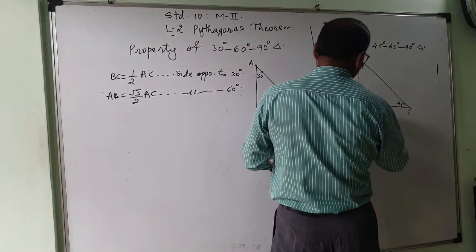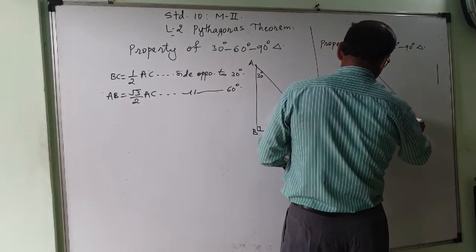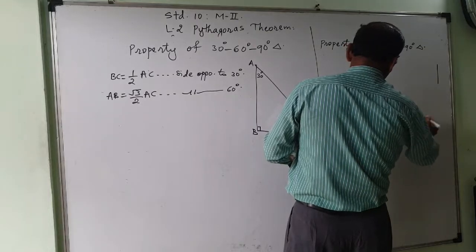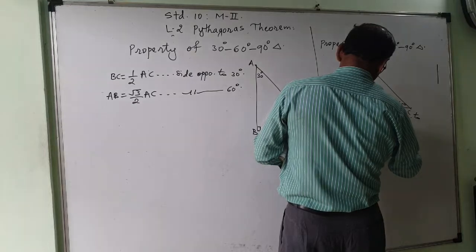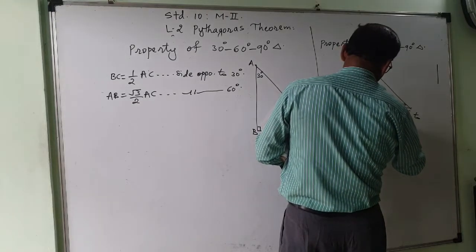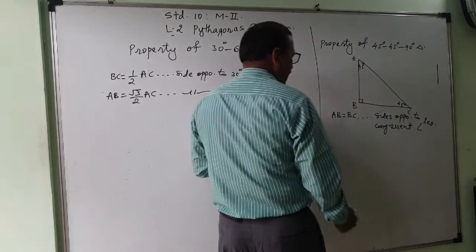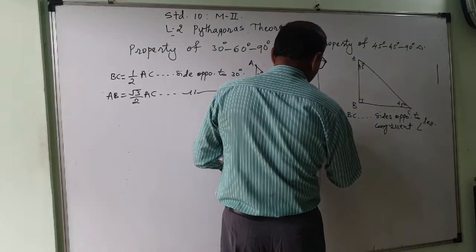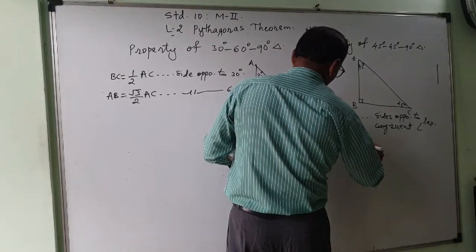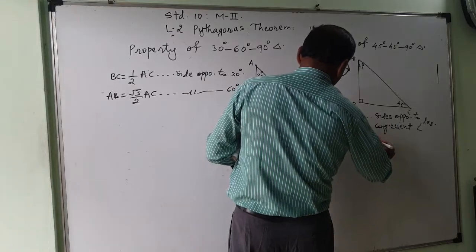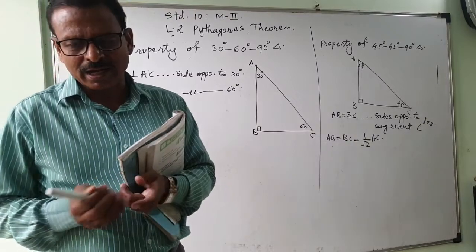The reason we give is sides opposite to congruent angles. And AB equal to BC equal to 1 upon root 2 into hypotenuse AC. This is the property of the 45, 45, 90 degree triangle.